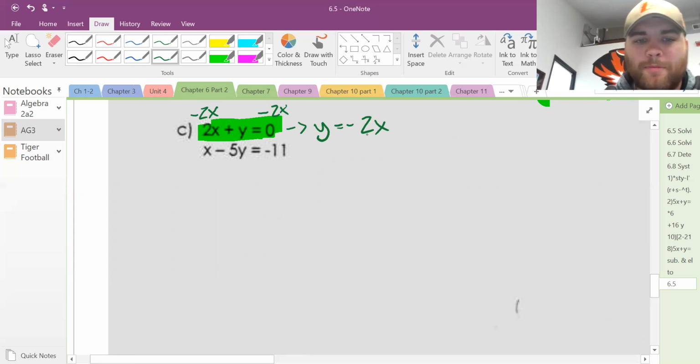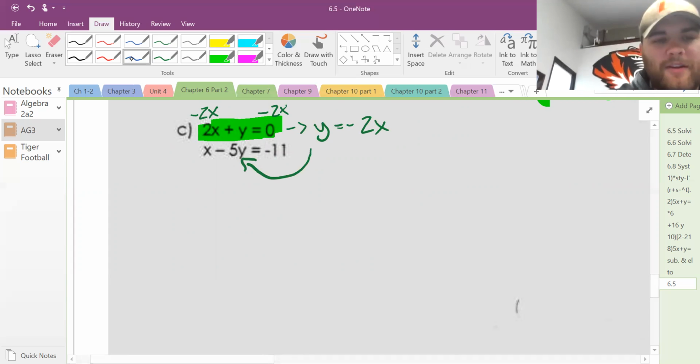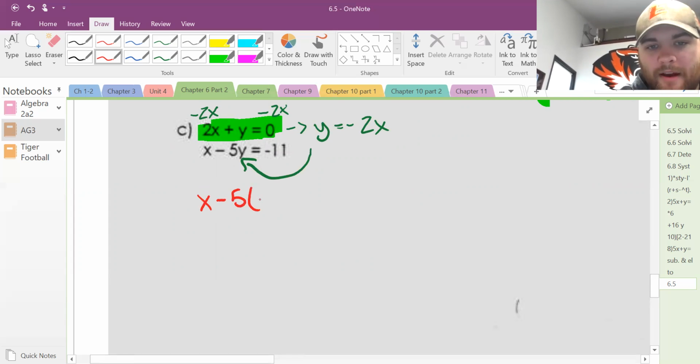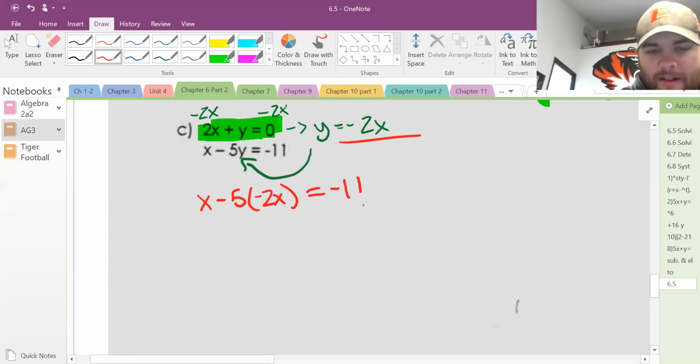Okay, so let's plug this y back into the equation we have not touched yet. I'll switch colors. We get x minus 5 times y, which my y is going to be negative 2x, equals negative 11.